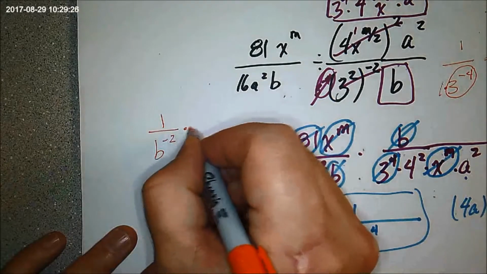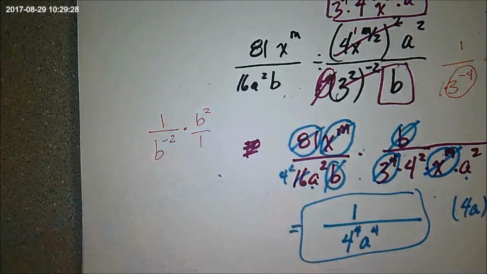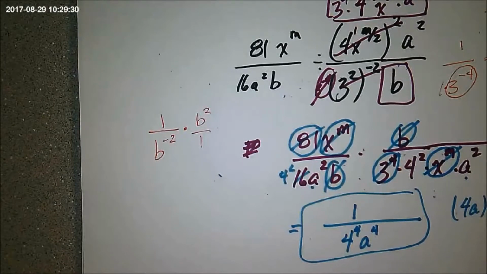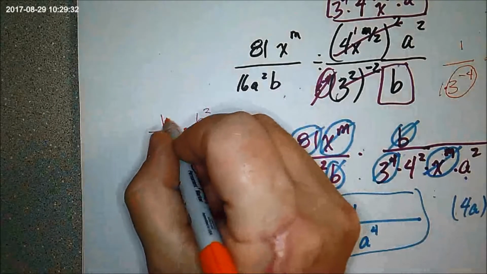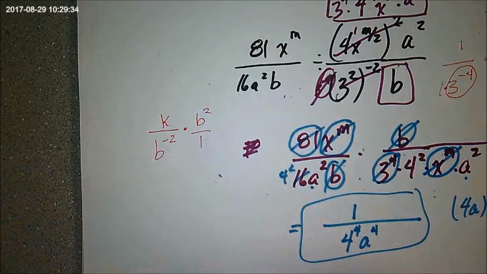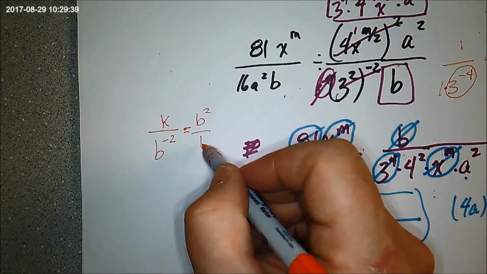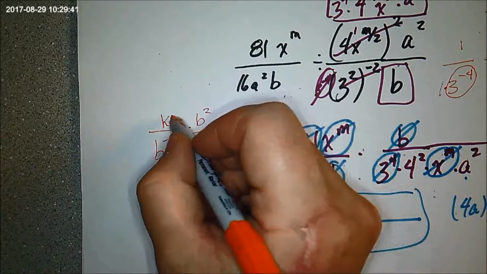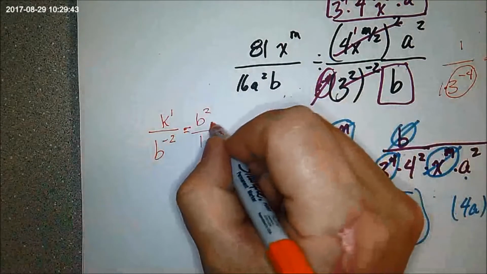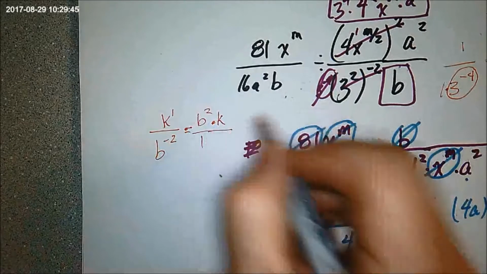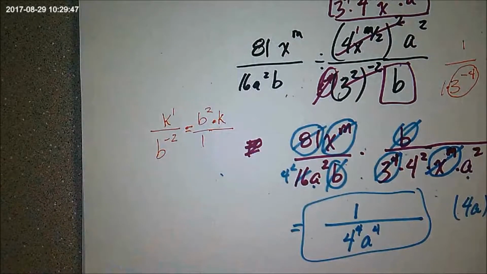So the shortcut is that. Now check this out. Let's make this a k. The k is not going to go down here, because the k has a positive exponent of 1. So it's going to stay right on the top where it is right now. Do you see?